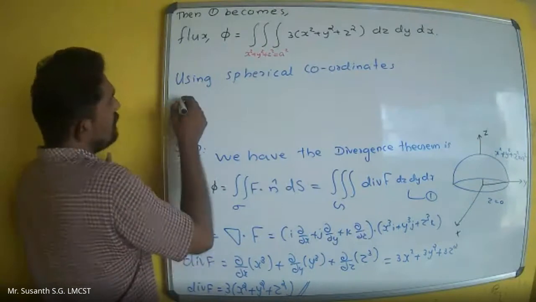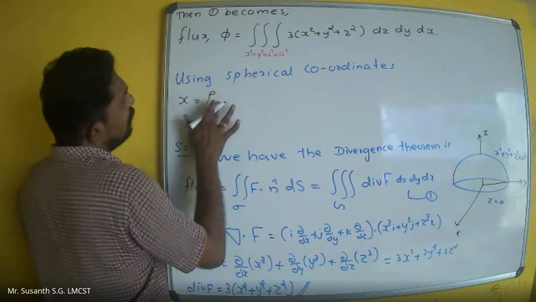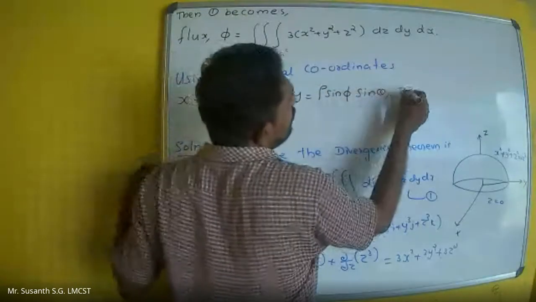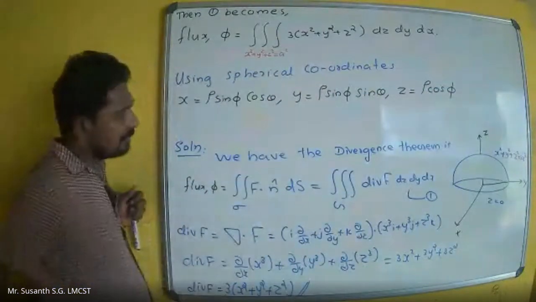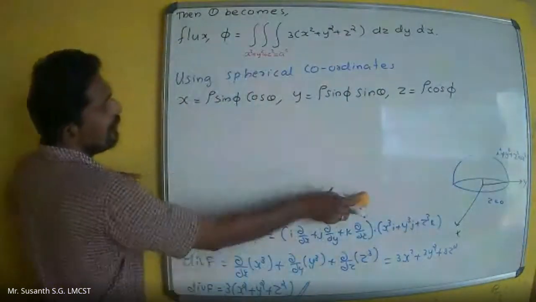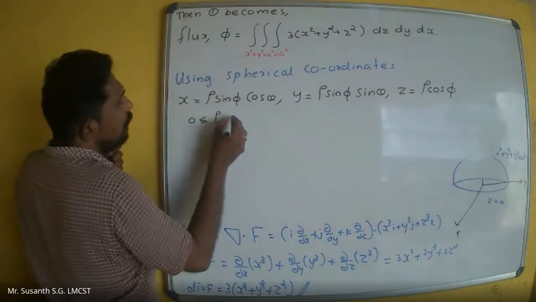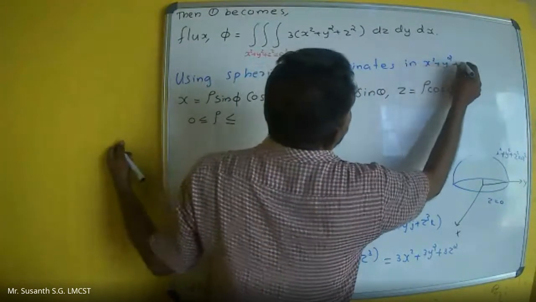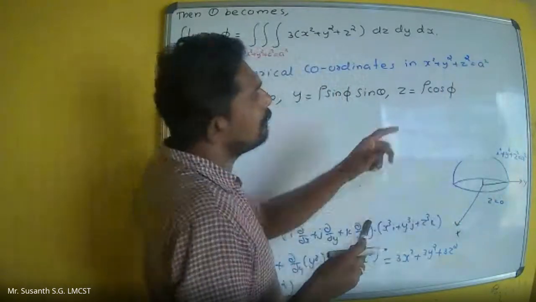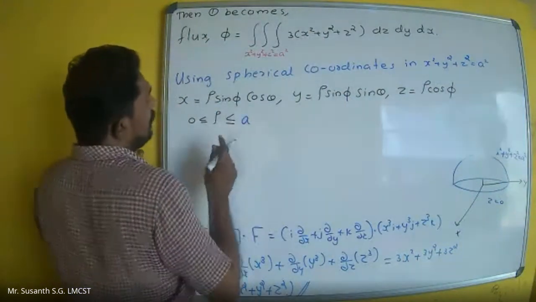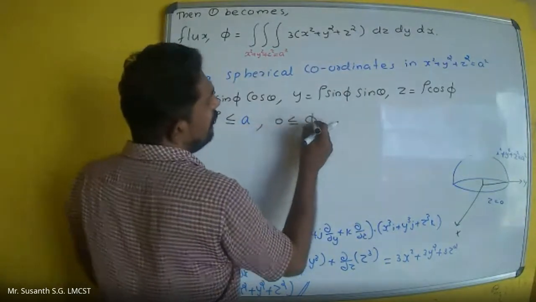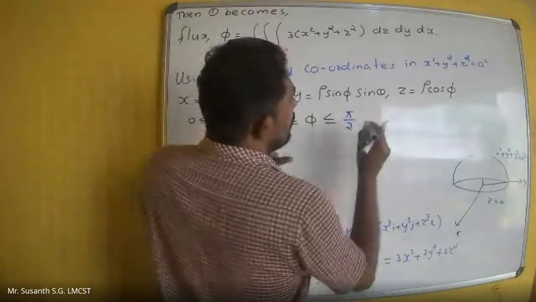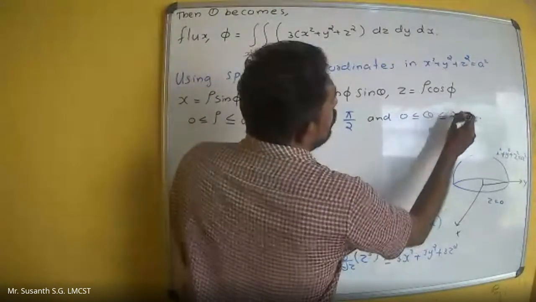What are the substitutions? x = rho sin phi cos theta, y = rho sin phi sin theta, z = rho cos phi. Using spherical coordinates in x² + y² + z² = a², the radius is a, so 0 ≤ rho ≤ a. Pay attention: for a full sphere phi goes up to pi, but for a hemisphere we give pi/2, so 0 ≤ phi ≤ pi/2. And theta varies from 0 to 2 pi.